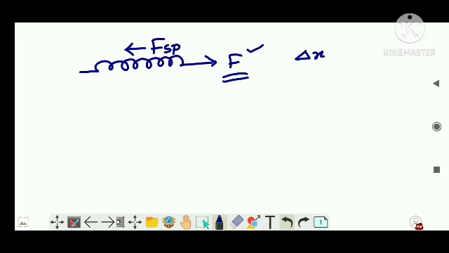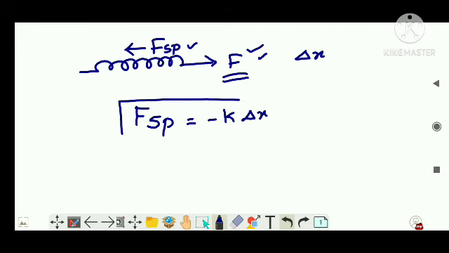Let us see. You are pulling the spring, so the spring itself will have an inbuilt reaction which is against the applied force, because a spring always tries to come into its equilibrium position. So this F_sp, which is spring force, is equal to minus K into delta x, where K is the spring constant.